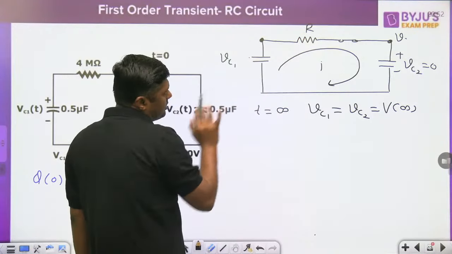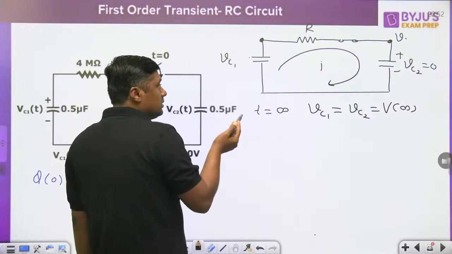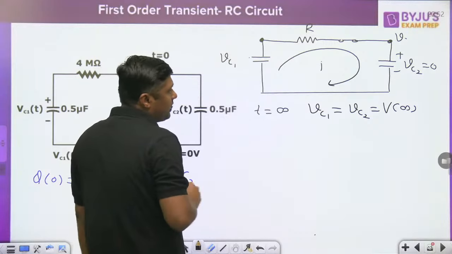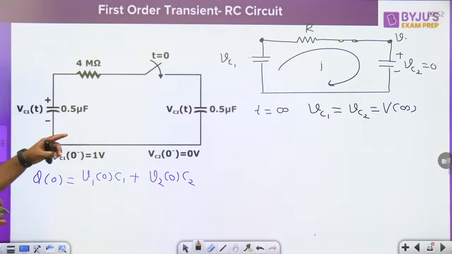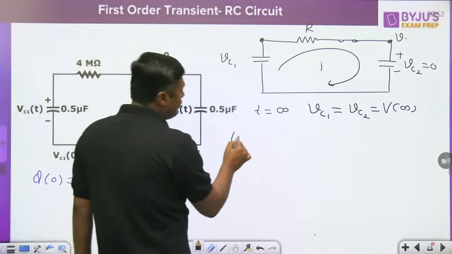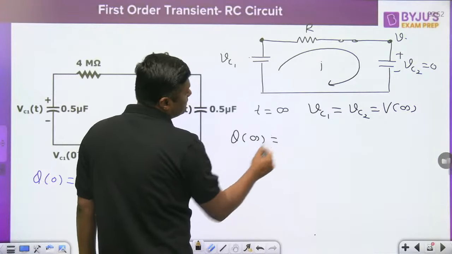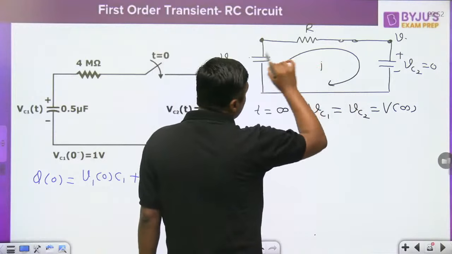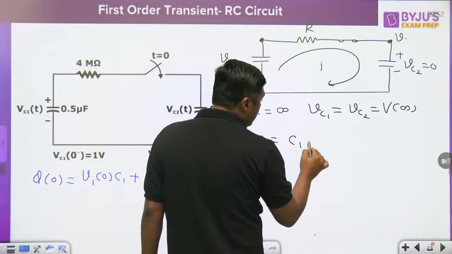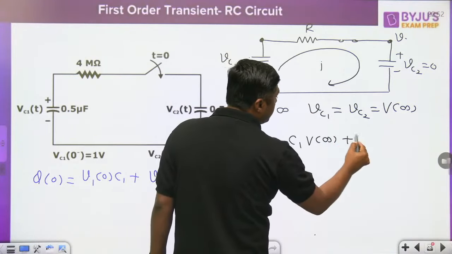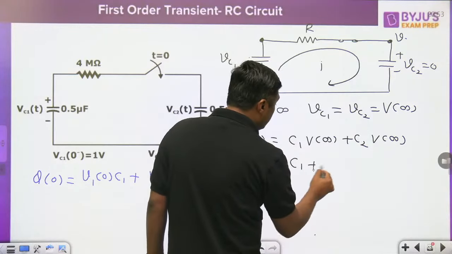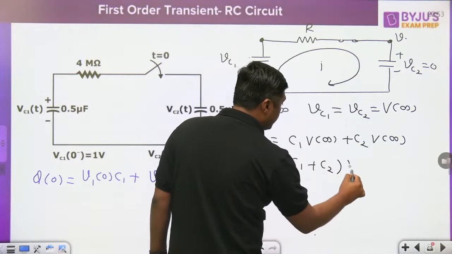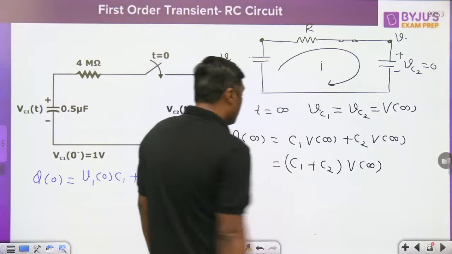Now, if the current will be 0, then both capacitors will act as an open circuit, but the charge will remain the same. That is, Q(0) is equal to Q infinity. At Q infinity we can calculate the charge because the voltages are equal. We can say C1 V infinity plus C2 V infinity. So this will become (C1 plus C2) V infinity.